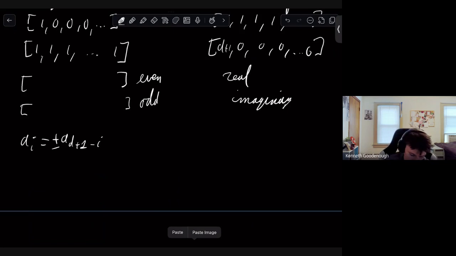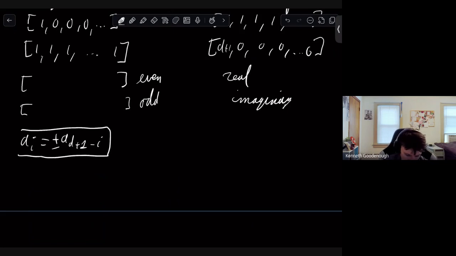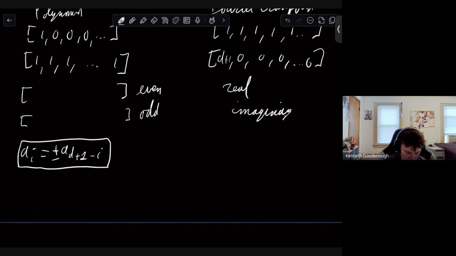Okay, I guess this suggests that we should group certain terms together. Maybe just a sub i and a sub d plus 1 minus i. Because if I have terms like that, I pair those guys together.